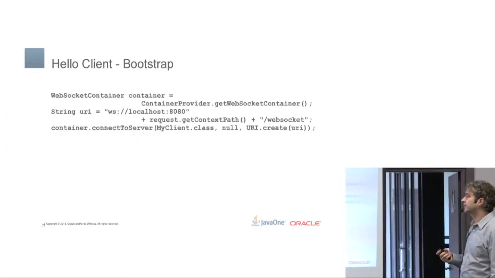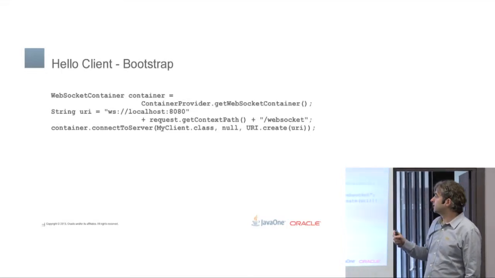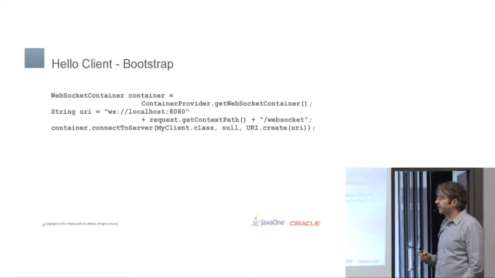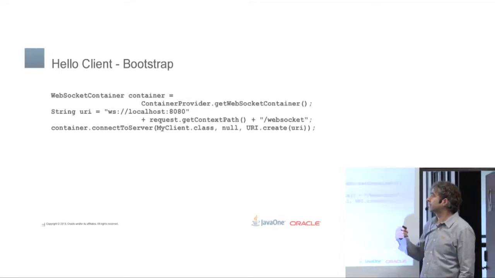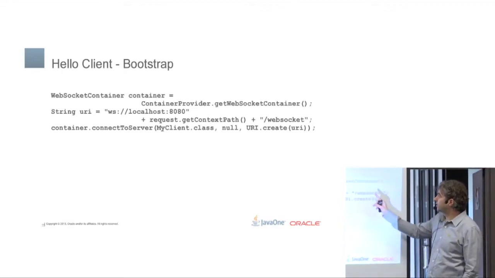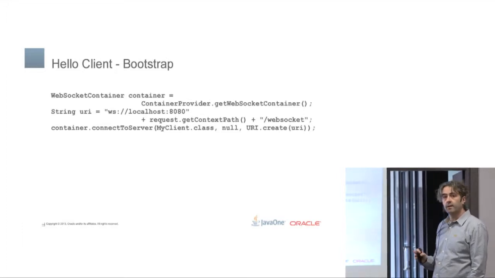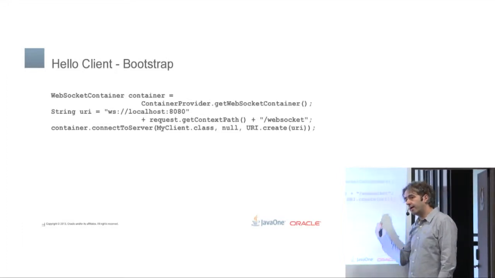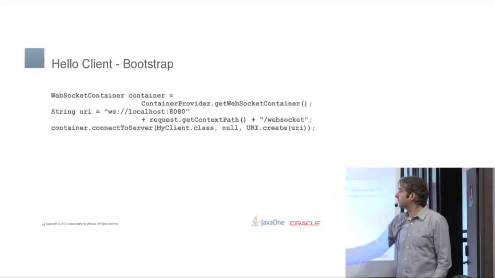How can you bootstrap that in a Java SE application? Well, it's easy. You just need to have a WebSocket container. That's the first line. You can get a WebSocket container instance by invoking ContainerProvider.getWebSocketContainer. Then you specify the URI, so really where on the network your remote WebSocket endpoint is.